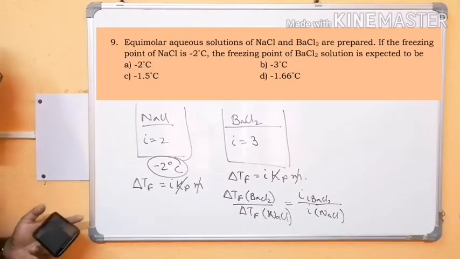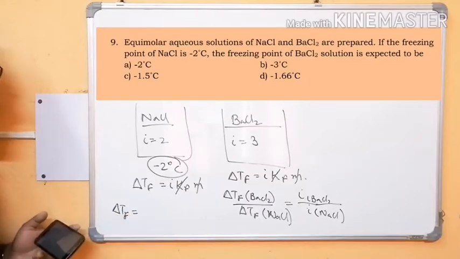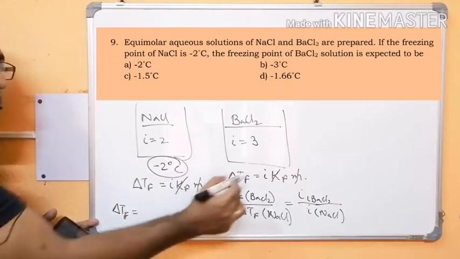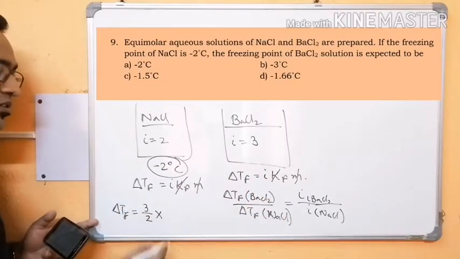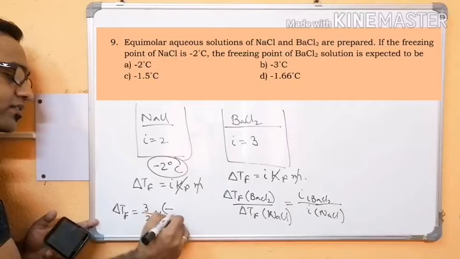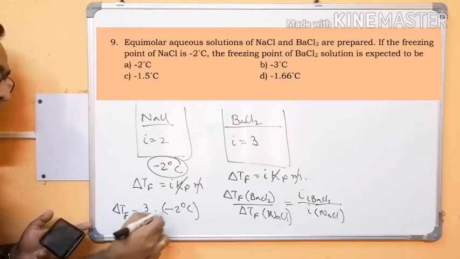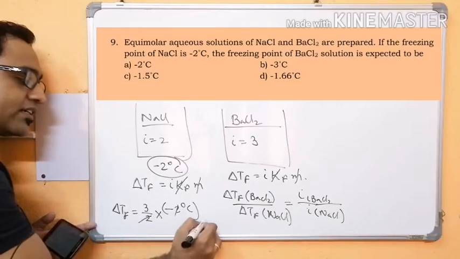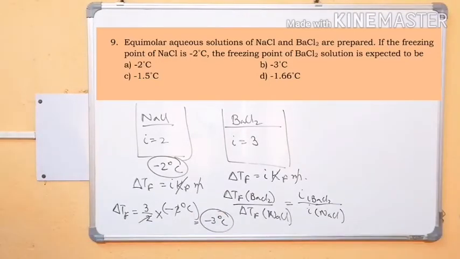Then you can easily find out delta TF for barium chloride is equal to 3 divided by 2 into -2 degrees Celsius. So the final answer will be -3 degrees Celsius. So it is option B which is the correct option.